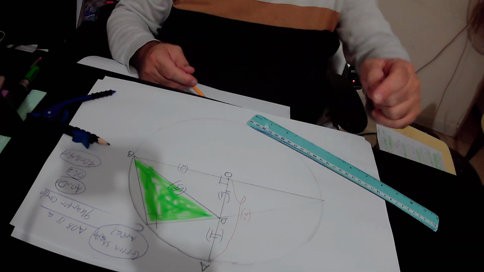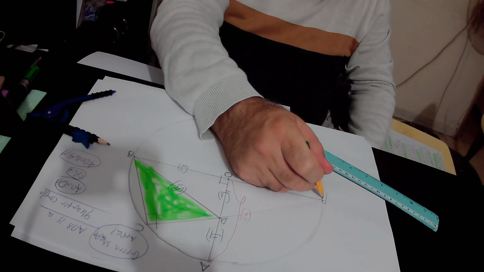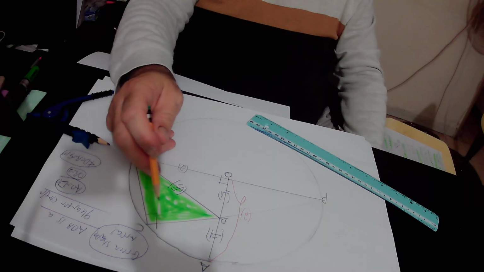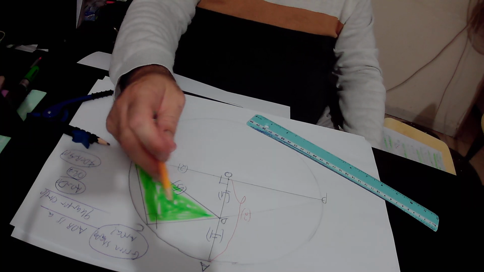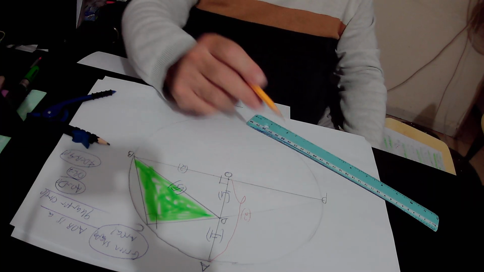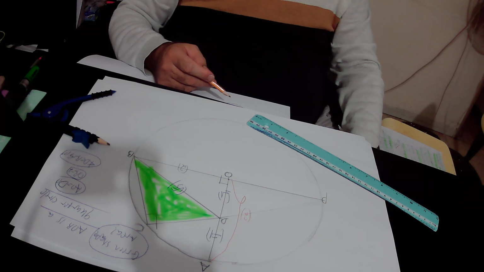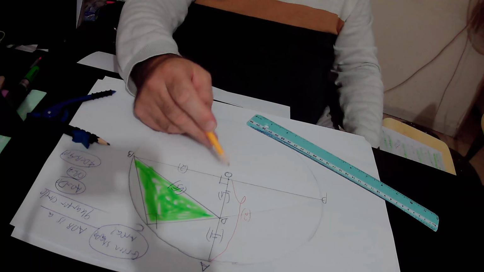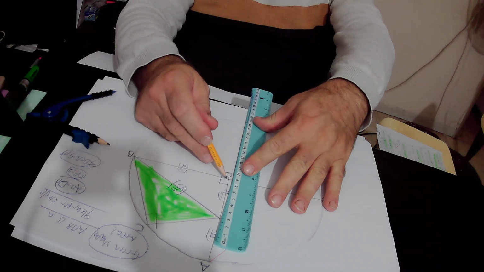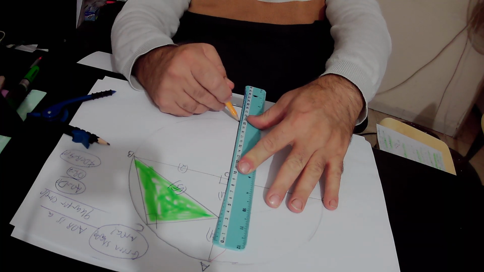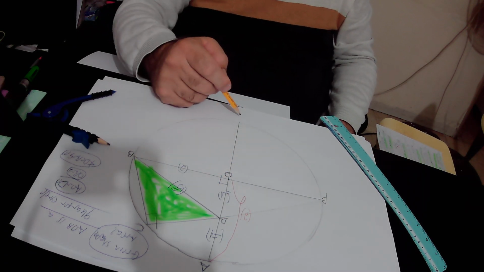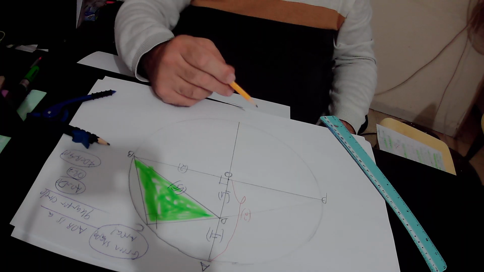This point is point P. In the next step, we will extend the radius AO of this circle by side line until it touches the circle. And we define the touching point of the external radius AO with this circle. This point is point Q.